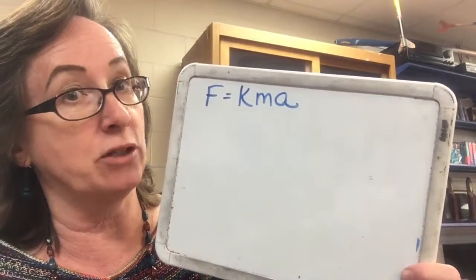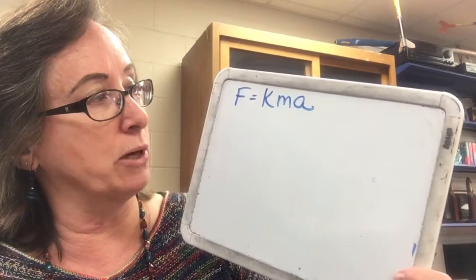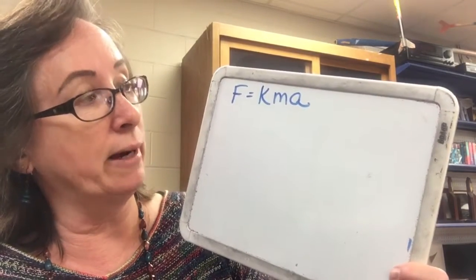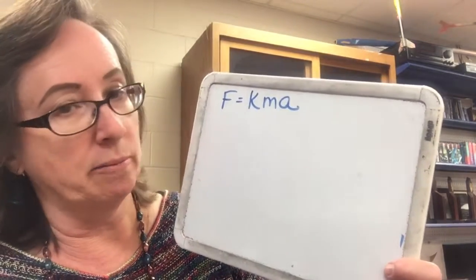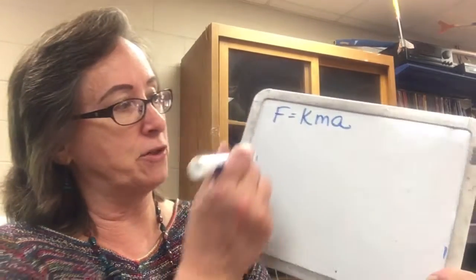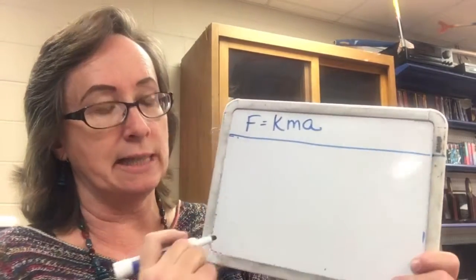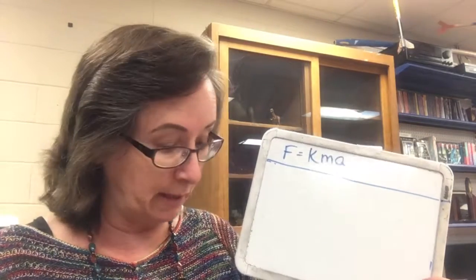So now we just have two variables with a k. Force varies jointly, so we assume directly, with mass and acceleration. After we write our equation, step 2 was to use the information they give us to find the k.